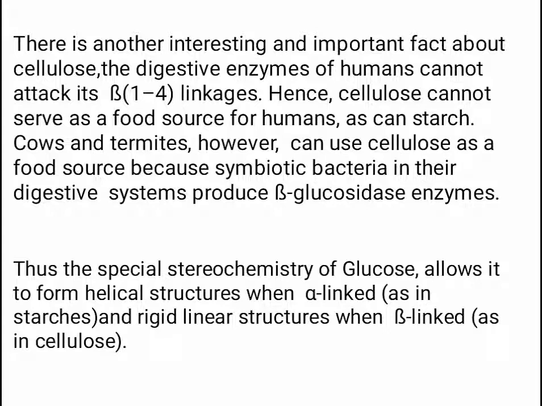Thus, the special stereochemistry of glucose allows it to form a helical structure when it is alpha-linked, as in starch, and a rigid linear structure when it is beta-linked, as in cellulose.